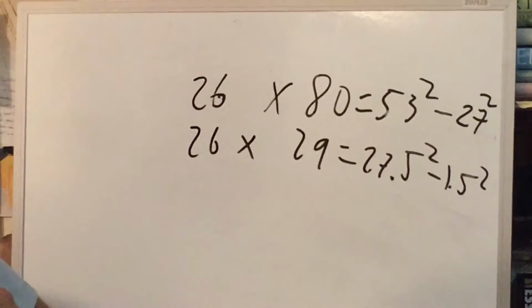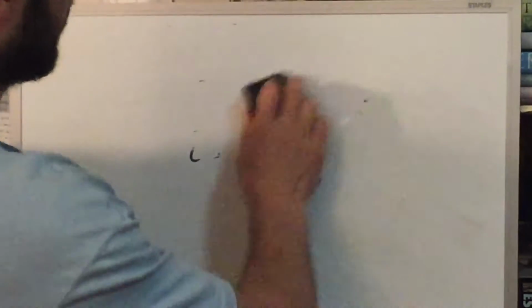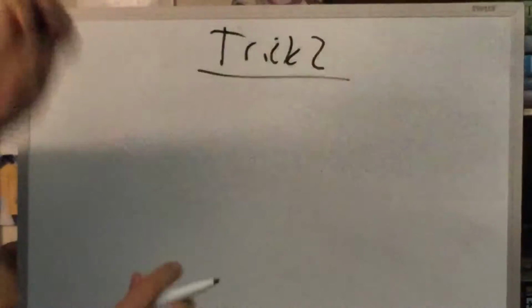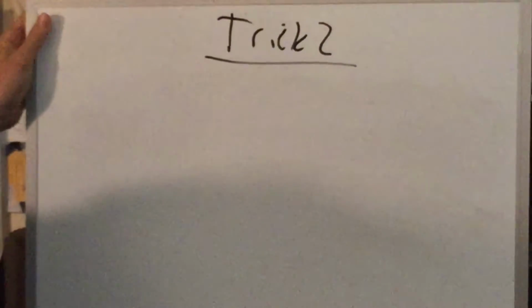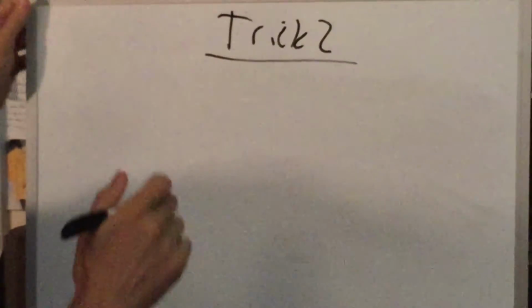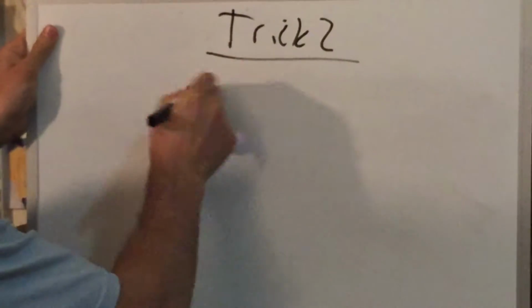All right, now let's get into trick 2. Trick 2, for lack of a better name, works like this. And it's even better than trick 1, in my opinion. All right, so there are 2 conditions first.